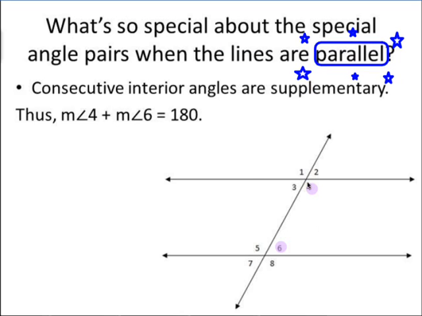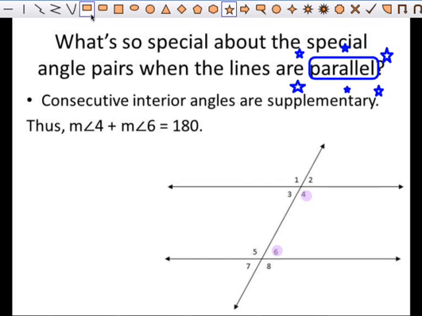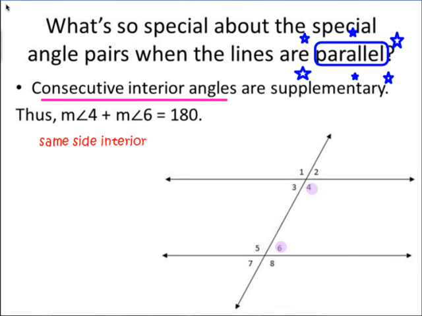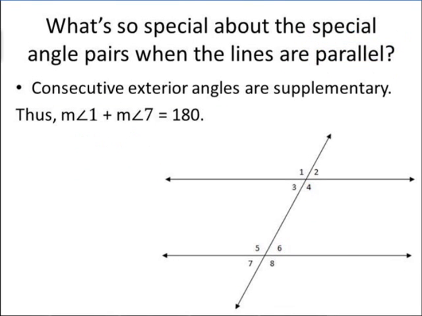So when the lines are parallel, consecutive interior angles, also known as same side interior, are supplementary, meaning they add up to 180.